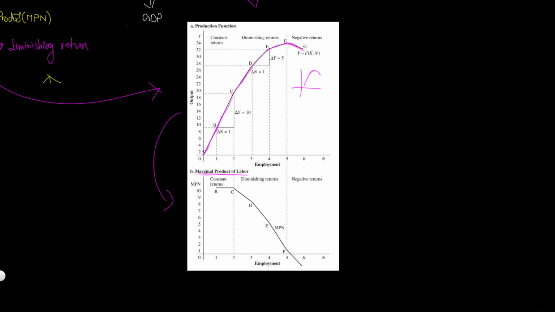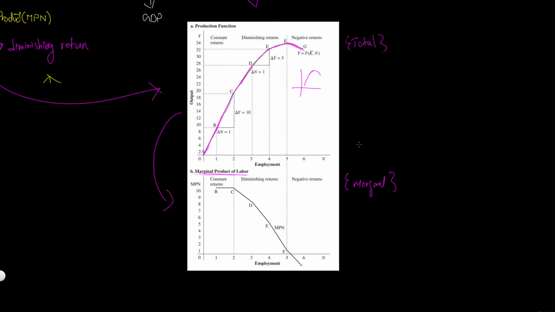We can use the same diagram to establish marginal product of labor. Over here, this is your total product, and this is our marginal product. They both are interrelated, and they both are very simple to understand.